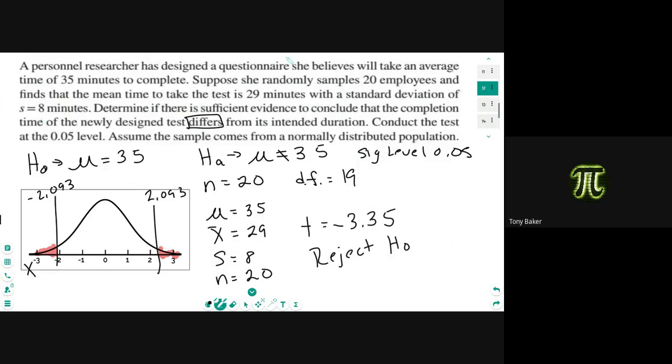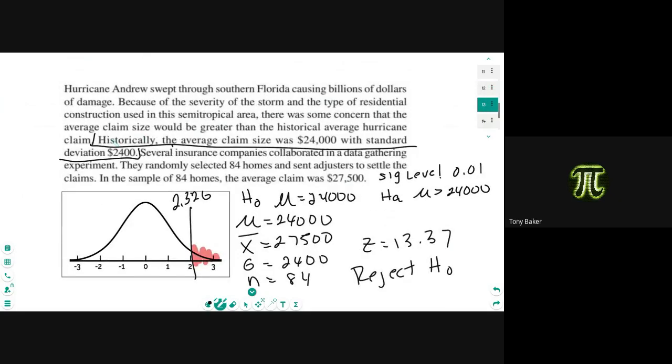That's T. This one, historically, the average claim size was 24,000 with a standard deviation of 2,400, and then it starts talking about the randomly thing. That is population, so we use the Z. So you just have to figure out if it's population or sample. That's the piece that changes. All the rest of the stuff, like the calculations and everything else, is the same. The only thing that changes is how you find that number.